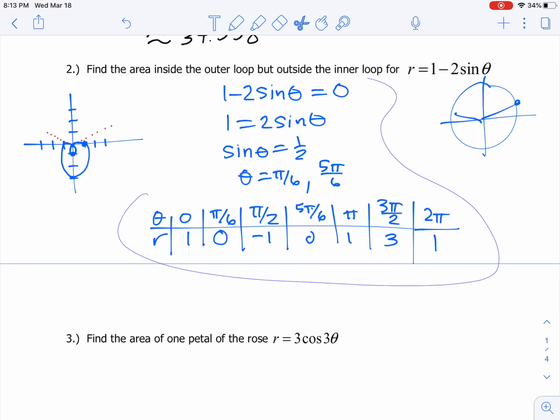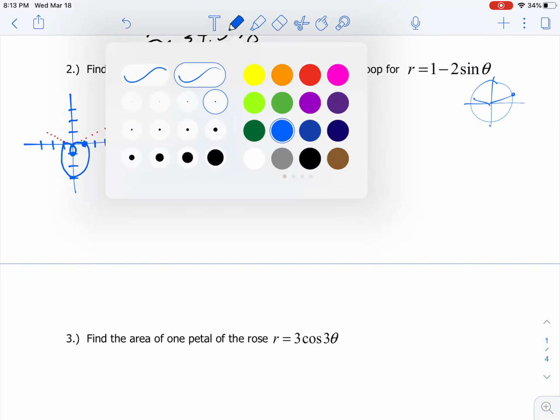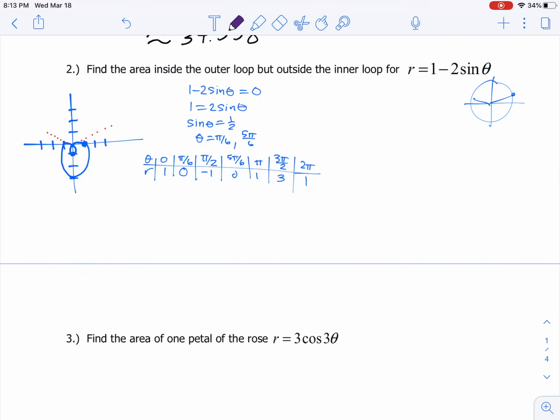Okay. Well, if I take the whole integral from 0 to 2 pi of 1/2 times my r squared, that's going to color in the entire outer loop plus twice the inner loop.